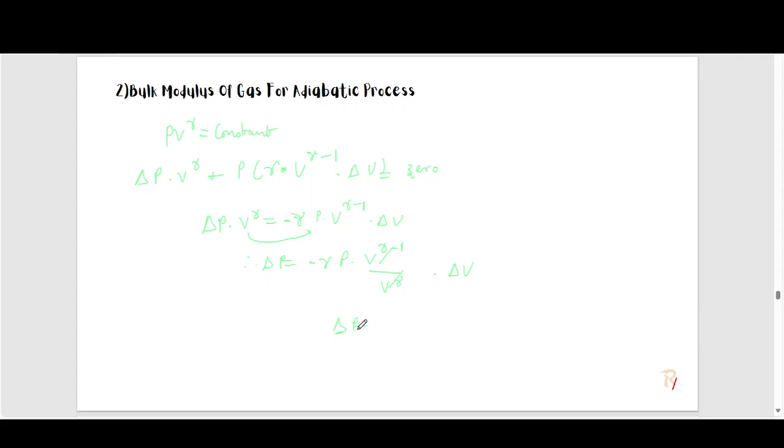From this, del P equals minus adiabatic exponent into pressure into del V upon V. Therefore, from this result we get del P.